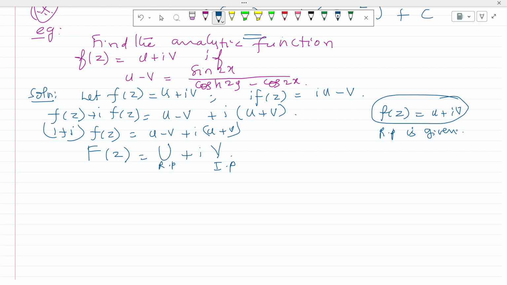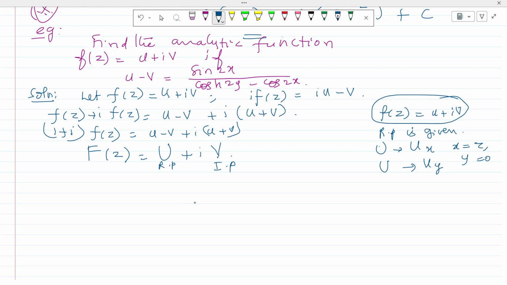If the real part is given, then we have to differentiate with respect to x. U is given. U with respect to x, we will get ux. With respect to y, we will get uy. Then substitute x equal to z and y equal to 0 in both. Then we can find that analytic function.